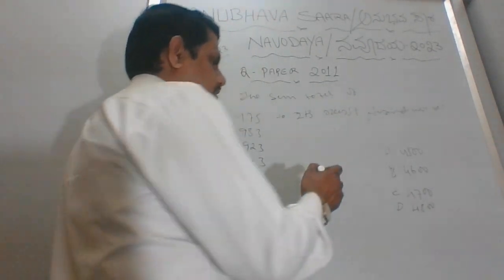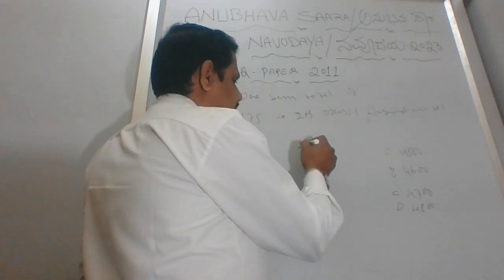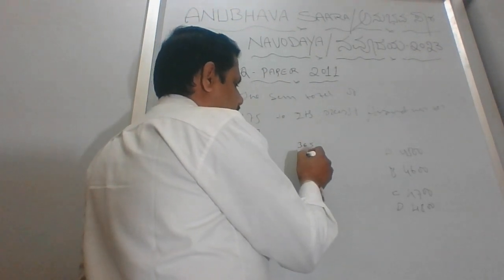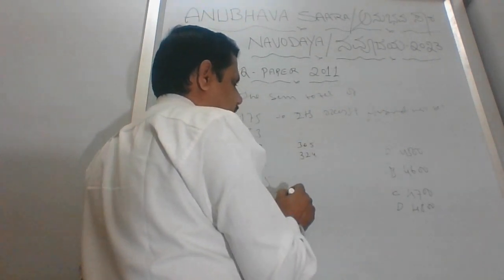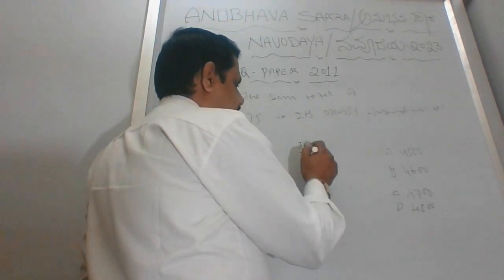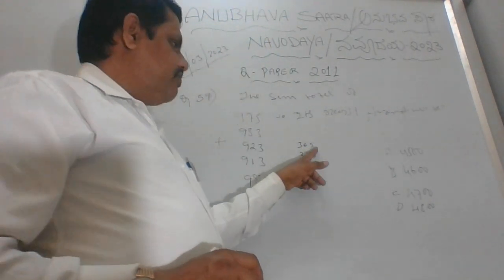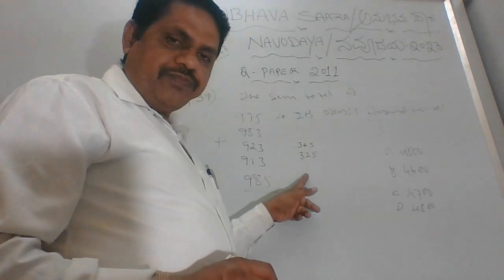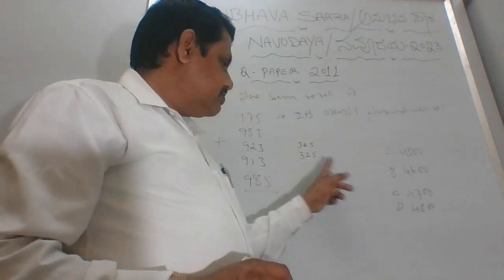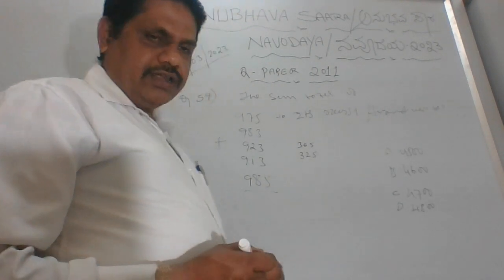Whatever we are going to do, I'll explain. Take 365 or 324, or I'll make it 325. Which one can I make the nearest 10? I'll show you the 10 first, rather than 100, then I'll convert into 100 again.